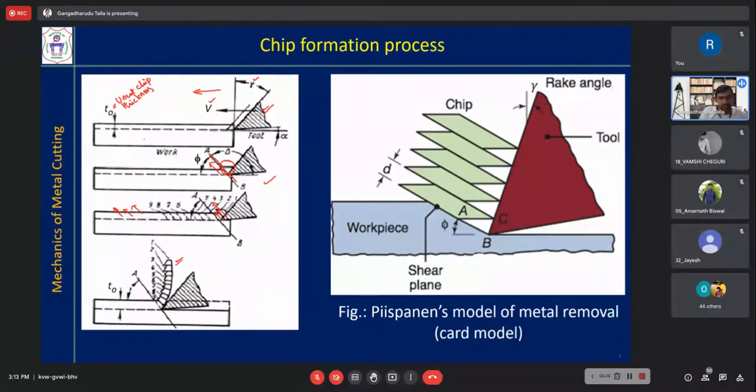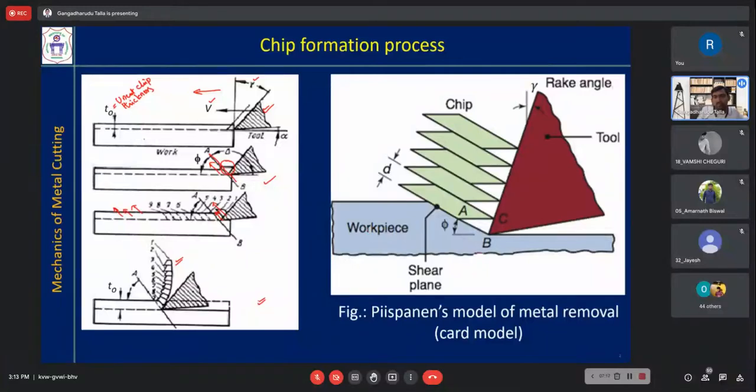If you observe any chip very closely in the microscope, it will look like this only. At a macroscopic level, there will be some continuous chip like that. Otherwise, it will look like a serrated chip only. To understand this process better, one analogy was proposed by Piispanen.